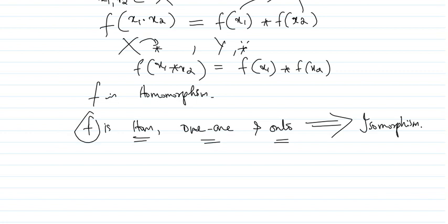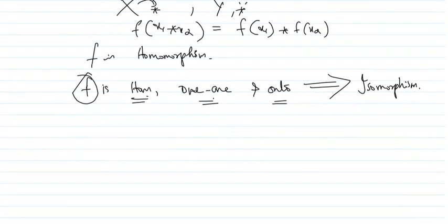So which are the conditions it should satisfy? If it is a homomorphism, f of x1 star x2 is equal to f of x1 star f of x2. This is like a distributive law: f goes inside the bracket. That is the condition for homomorphism.